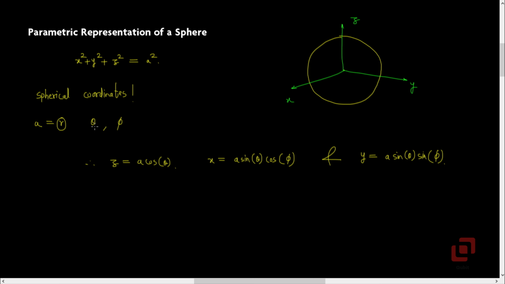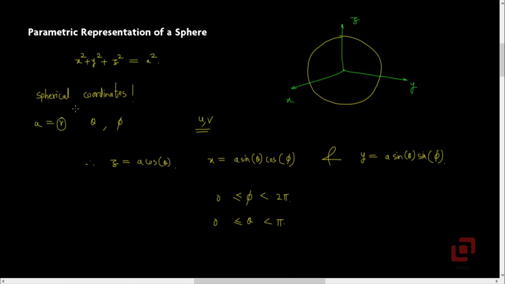You may replace the parameters theta and phi by u and v, but using theta and phi is also perfectly fine. Let us now write down the permissible values for theta and phi. For phi we will have 0 to 2 pi, and for theta we will have 0 to pi.